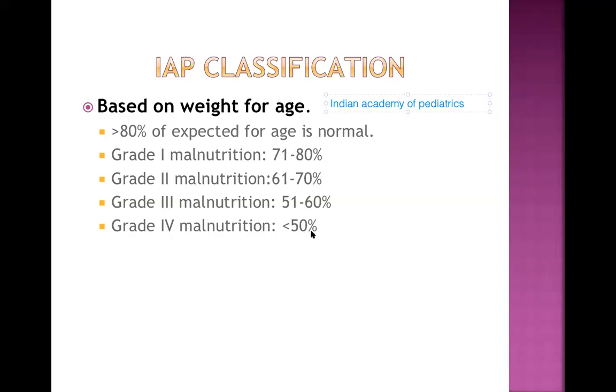Now, to make you understand in a very easy way, I want to take again that example which we just gave. The current weight of the 2-year-old child who came to you for examination, you found only 8 kg.